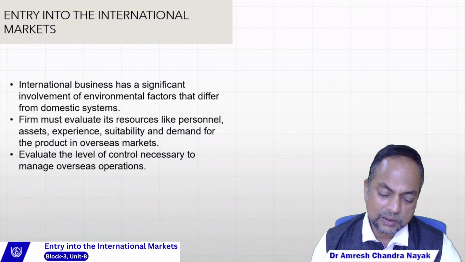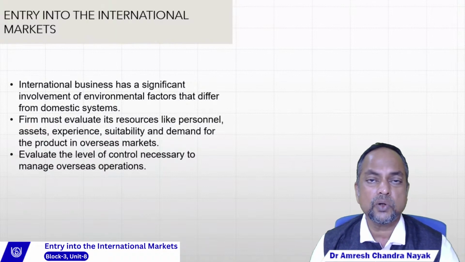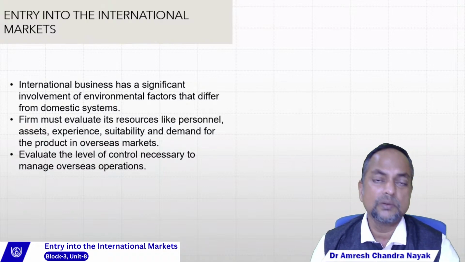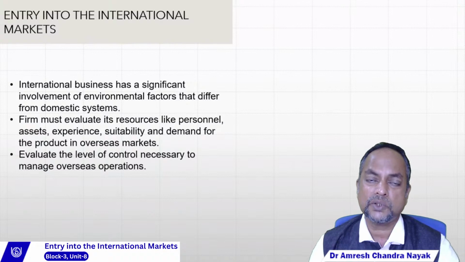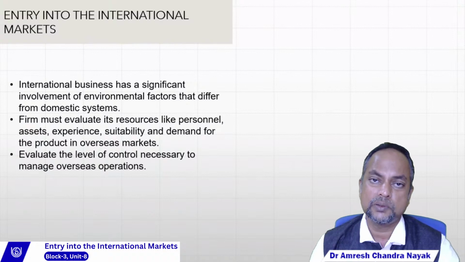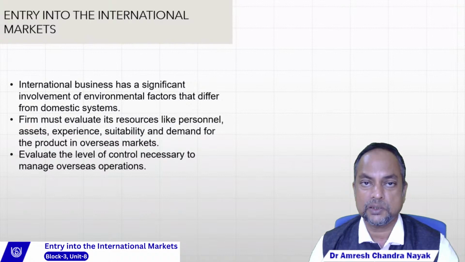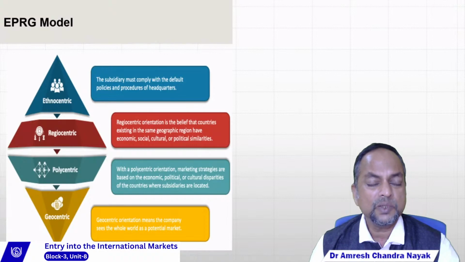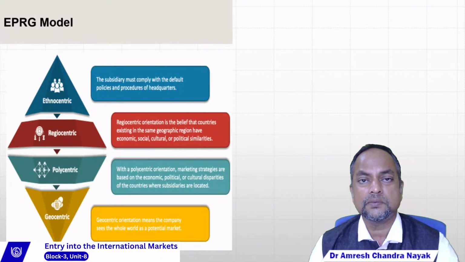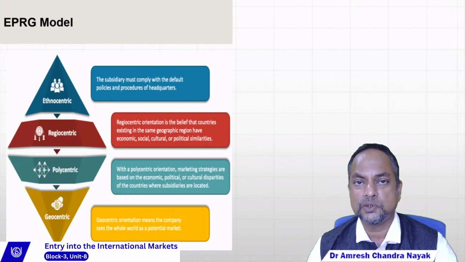Right? So these are the things that make organizations more careful about the processes, the structures, the plans, the strategies that they need to adopt before going for the internationalization process. Right? So what sort of entry strategies do we need to adopt? As we discussed in our previous class, internationalization passes through 4 different phases, right?